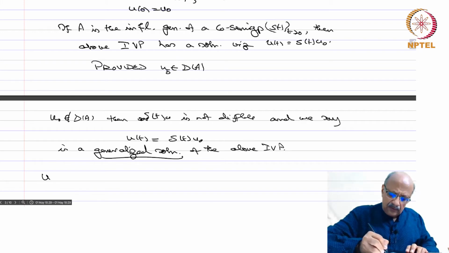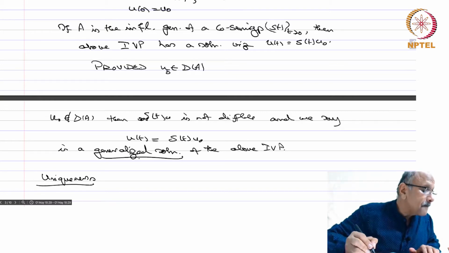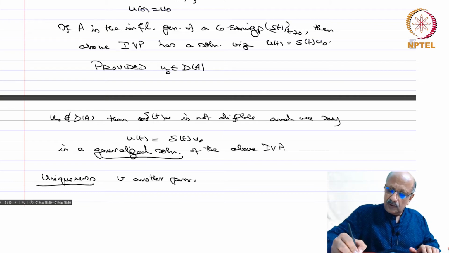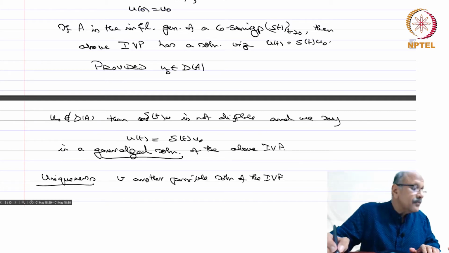So, we also have uniqueness. So, suppose I have v is another possible solution of the IVP. Okay.